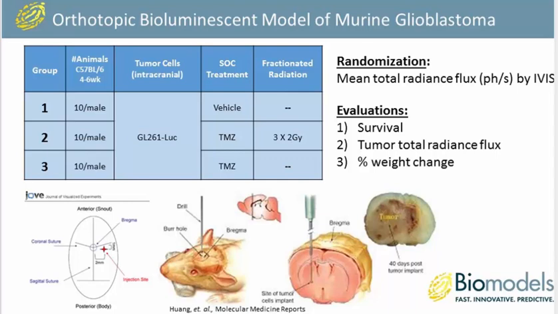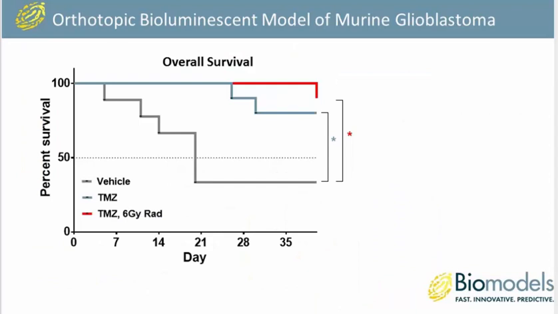We can follow over time with in-life imaging using our IVIS instrument, and overlay it with standard of care temozolomide, or temozolomide plus fractionated radiation, which is probably what a patient might receive. Obviously, a very strong readout would be survival.